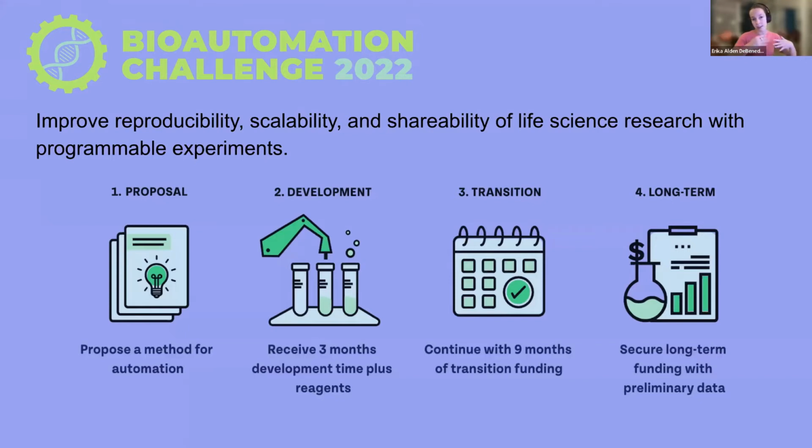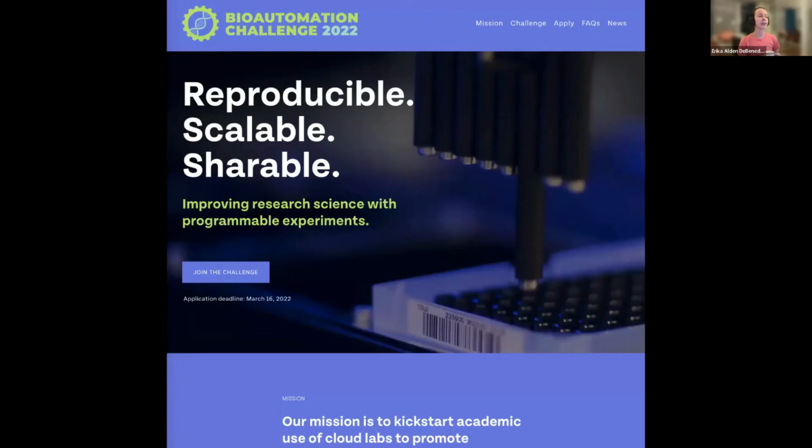They'll get access to the cloud lab and resources necessary to implement that project. And then we'll try to transition them onto their own funding toward the end. We launched it, I guess, early, maybe in January, accepted applications for a while, and the first awardees are coming online next month. So that's really exciting.